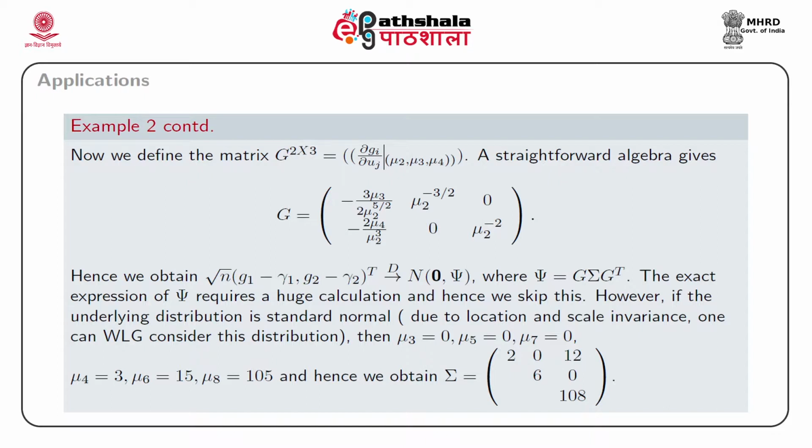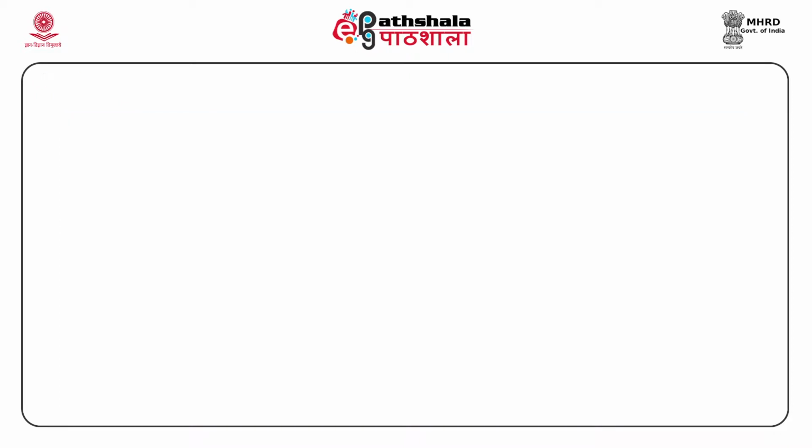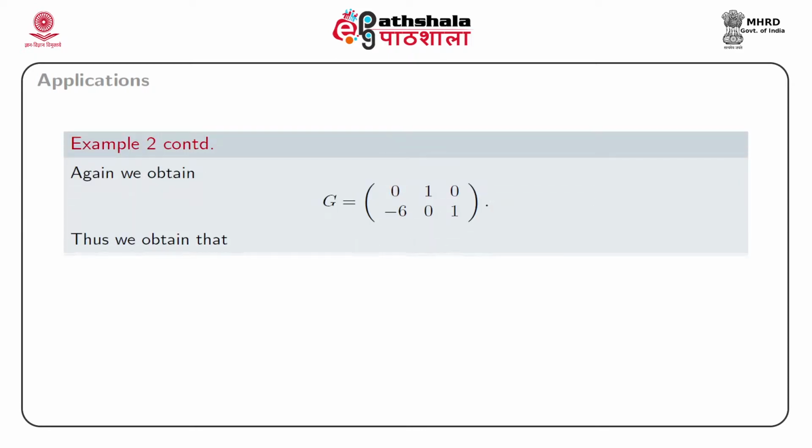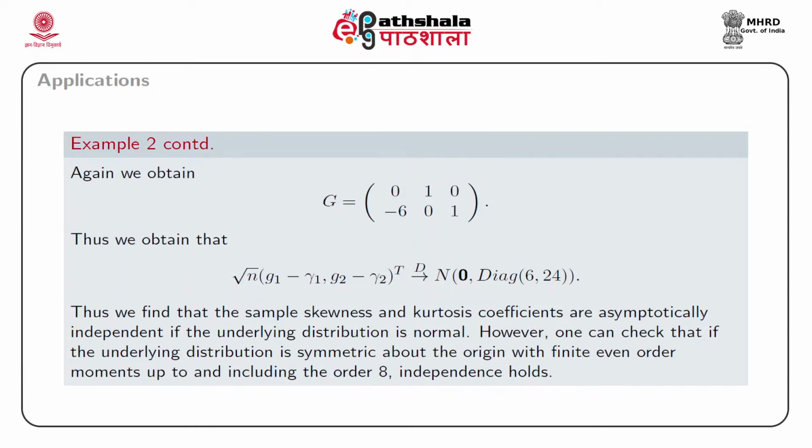Then the second row consists of 0, 6 and 0, and the third row consists of 0, 0 and 108, and using these values of mu2, mu4 and others, we obtain G matrix in a very simple form, with elements in the first row as 0, 1, 0 and minus 6, 0, 1 as the elements in the second row.